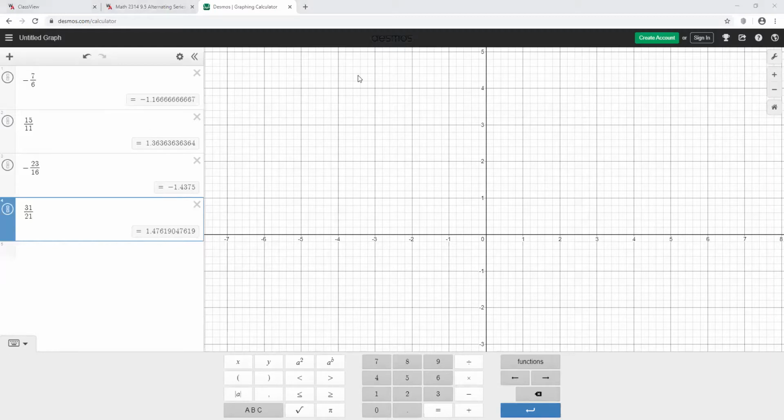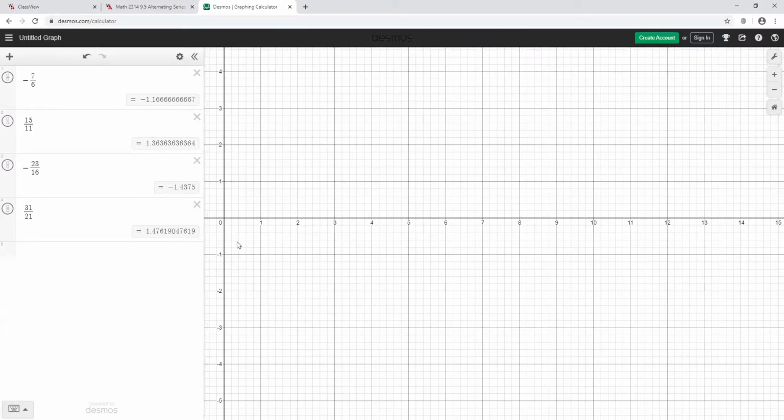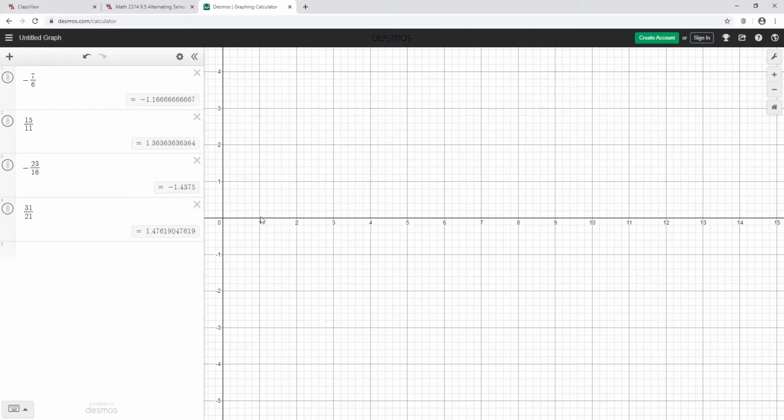Now I'm going to use this marker here, or stylus. We only care about starting right here at n equals 1. I better be careful here. At n equals 1, the term is negative 1.16 something. So this is negative 1.2, 1.4, 1.6, 1.8, 2.0.